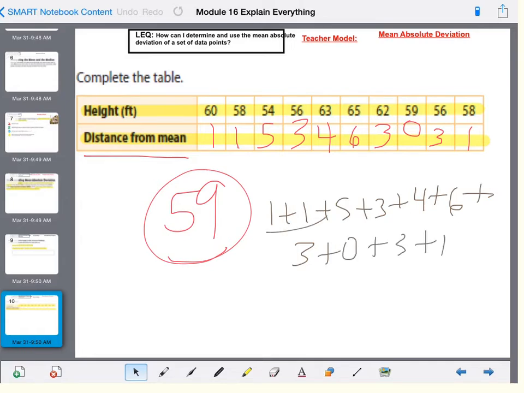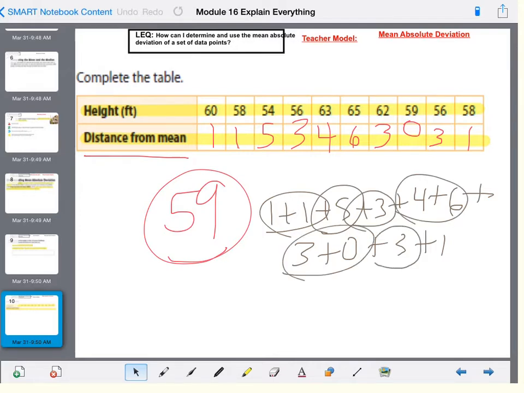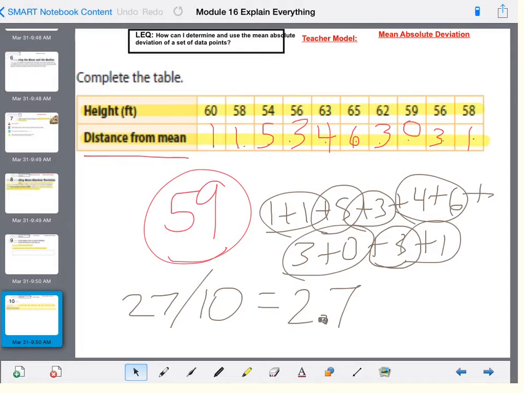Let's go ahead and add that. That's 2, 7, 10, 20, 23, 26, 27, divided by the 10 data values. This is going to be 2.7, and we're going to round that to the nearest whole number, which is a MAD of 3.